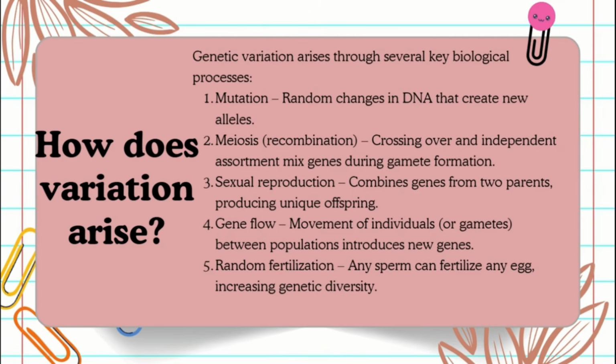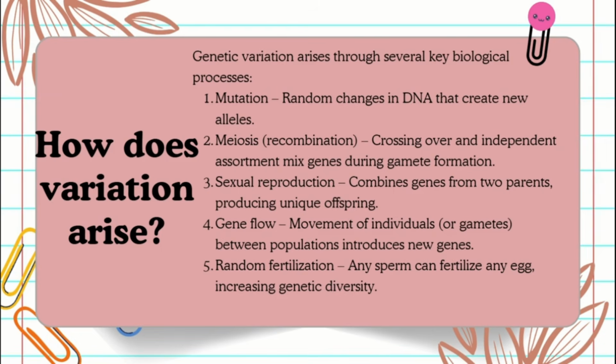Those are changes in the DNA sequence and they can create new alleles. Then we have meiosis, and we know that meiosis only happens in sexually reproducing organisms, right? Just like in cell division, mitosis happens in somatic cells, meiosis only happens in sex cells. There are two important processes within meiosis that allow for this variation, and that is crossing over.